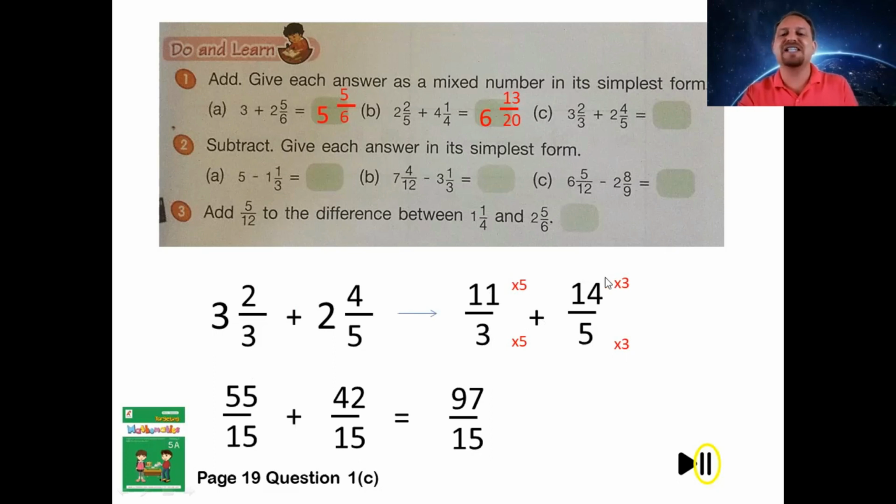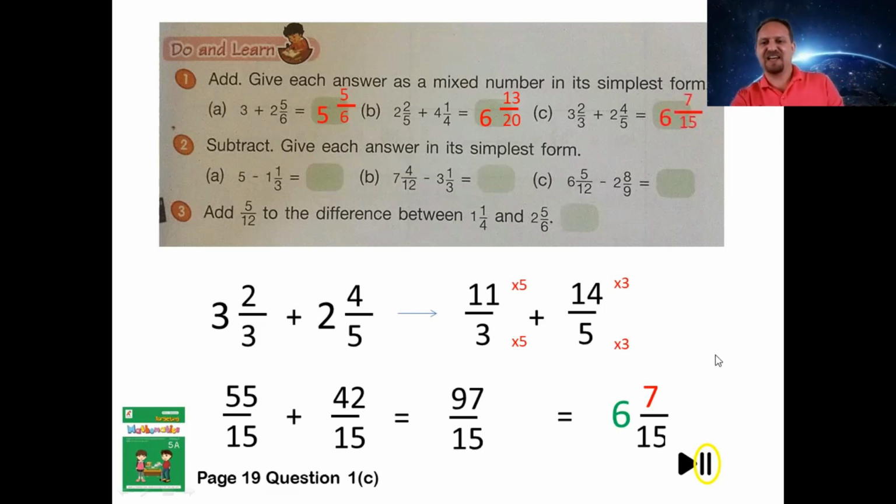And 14 times 3 gives us 42 over 15. 55 plus 42 gives us 97 over 15. Now we must divide: 97 divided by 15 gives us 6 with a remainder of 7. The answer is 6 and 7 over 15.